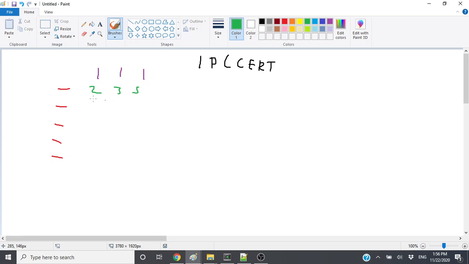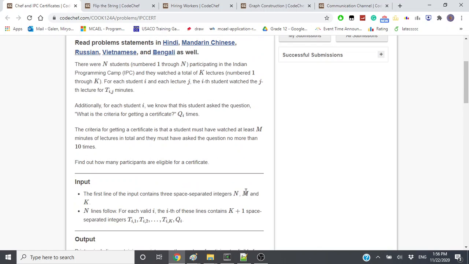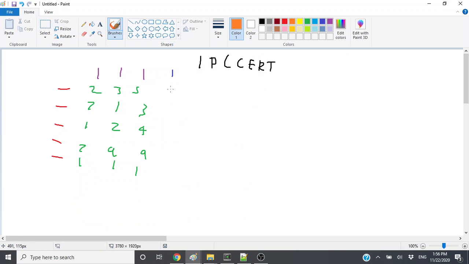So we have this sort of matrix where this student watched this lecture for this, and etc. 1, 2, 4, 7, 9, 9, 1, 1, 1. In addition, there's this other metric that says they asked a certain amount of questions. So like, for example, they asked 3 questions or 4 questions or 5 questions or 10,000 questions.